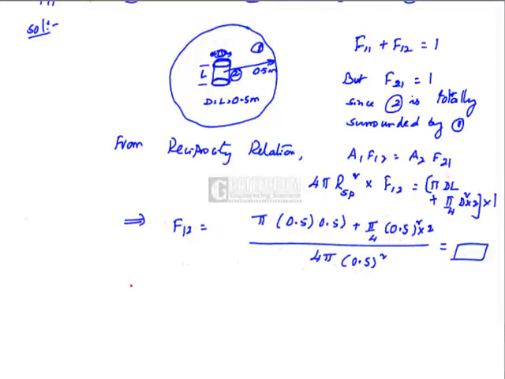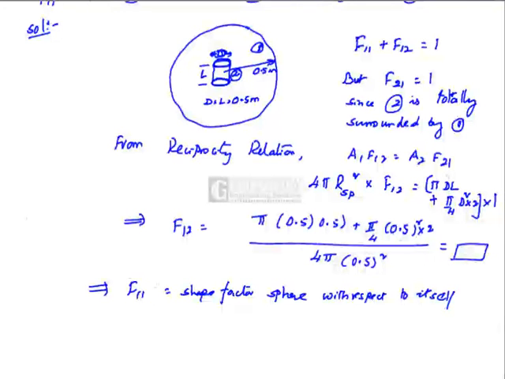After getting F12, what is F11? Shape factor of the sphere with respect to itself is equal to 1 minus F12.